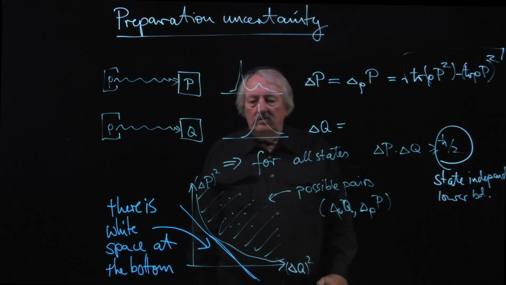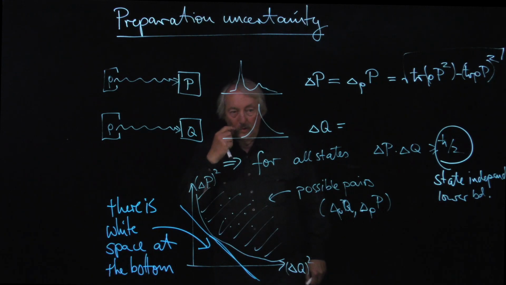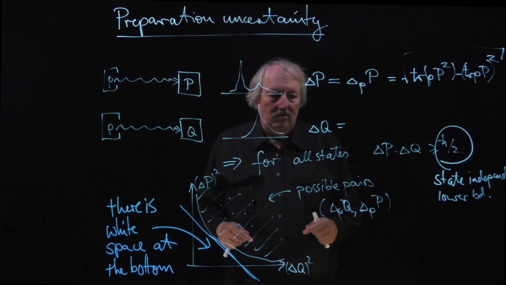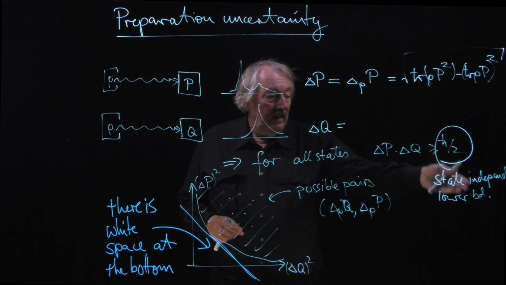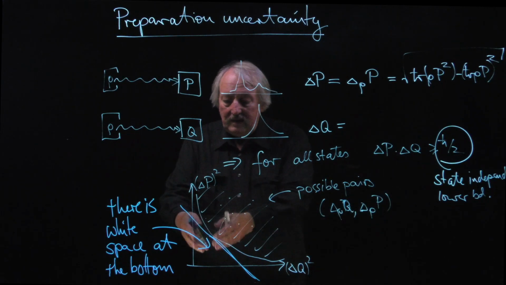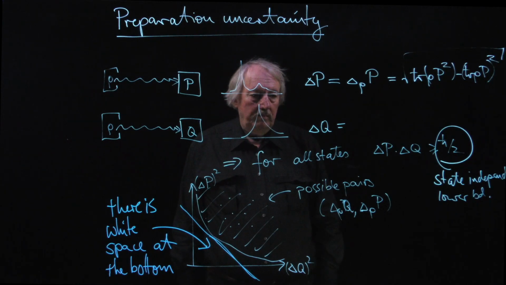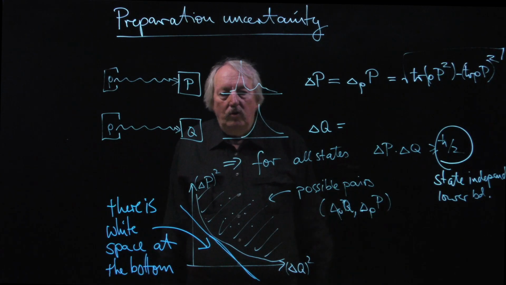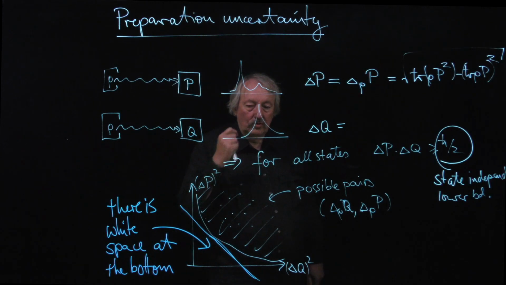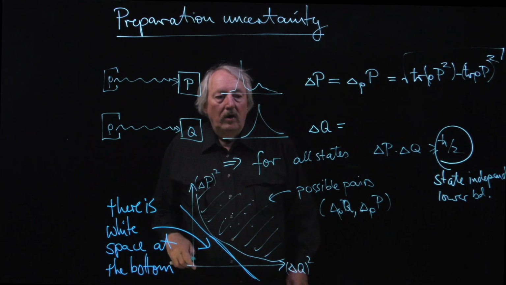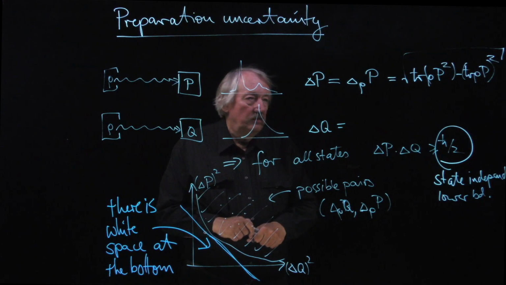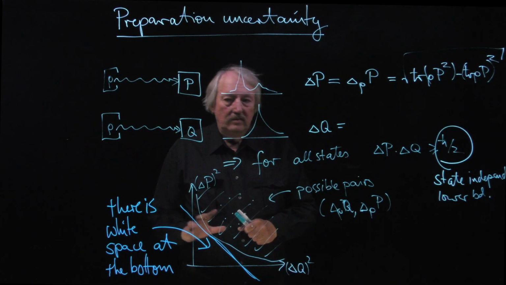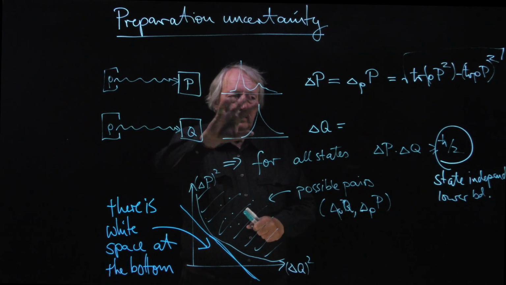So the Robertson relation, which is sometimes sold as a generalization, is a true relation, but it's not an uncertainty relation, because it doesn't have this state independence property. It doesn't tell you that there is white space at the bottom. You cannot conclude it from that, so you have to work again. For example, you could look at the paper we did on the angular momentum uncertainty. But this is one way to make it precise. This is a particular scenario.